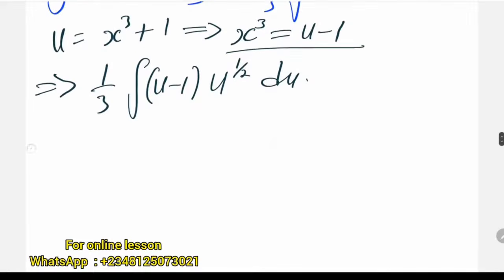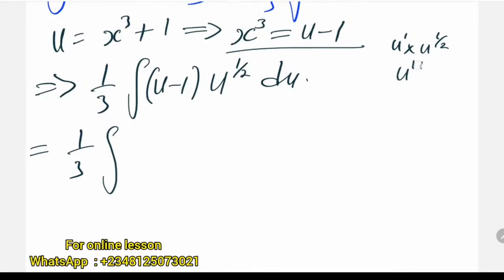We have equal to 1 over 3, the integral of u raised to power 1 over 2, same thing as saying u times u raised to power 1 over 2. Then we add up, this power here is 1. So you add up, it becomes u raised to power 1 plus 1 over 2, and this gives us u raised to power 3 over 2.